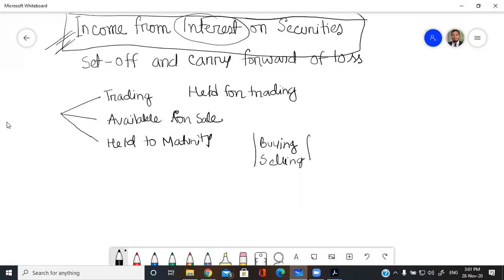So the purpose is not to generate current income, rather to generate capital gain by buying at a low price and selling at a higher price.